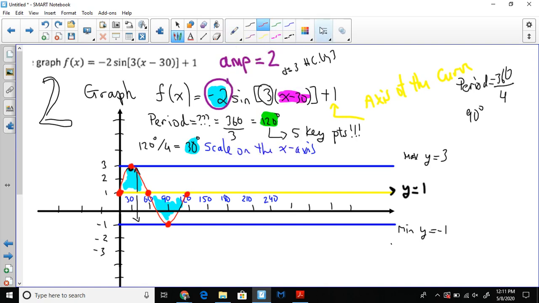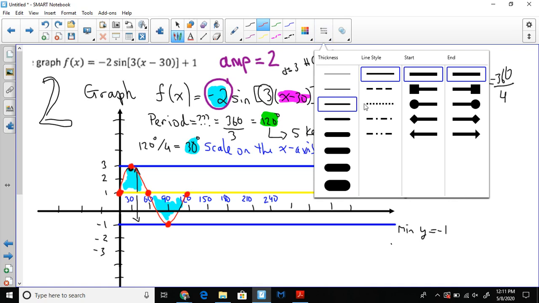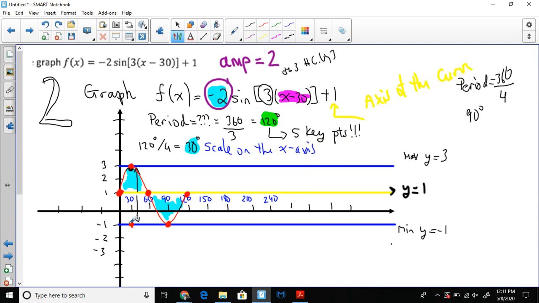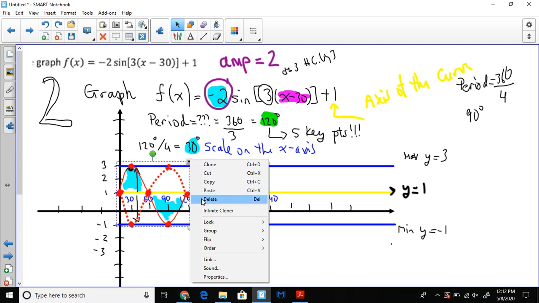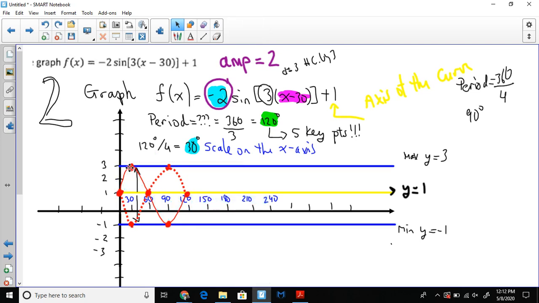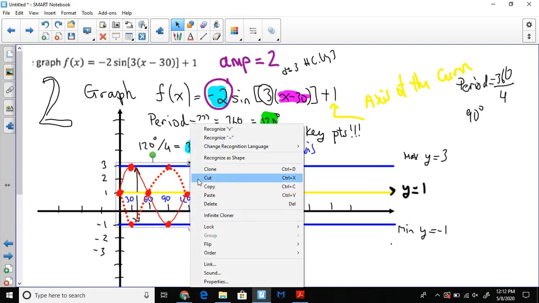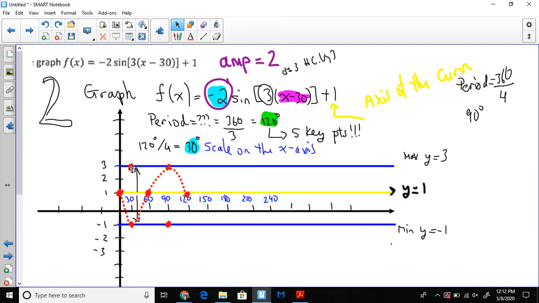So I'm actually going to draw it like this. This point here, this one's going to go down here, and this one is back up here. So it's going to look like this, because my A value is -2. So let me just delete that. Sweet.